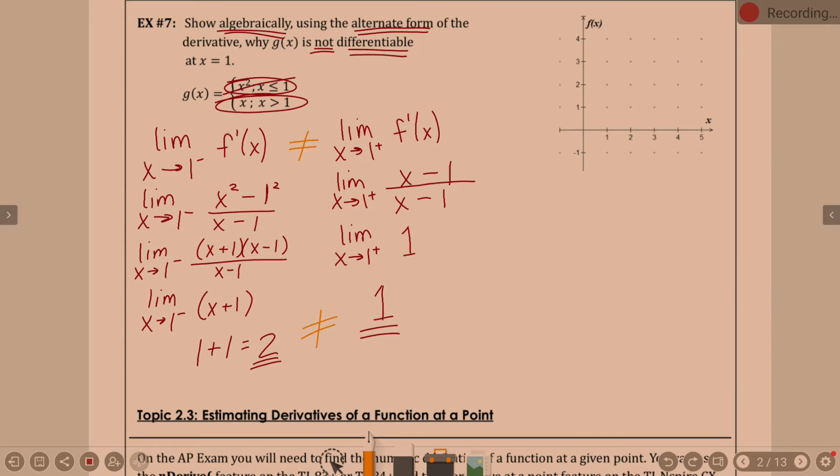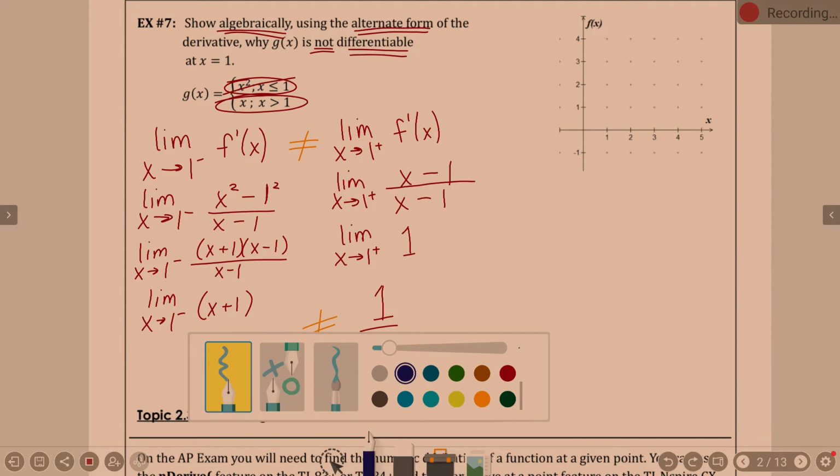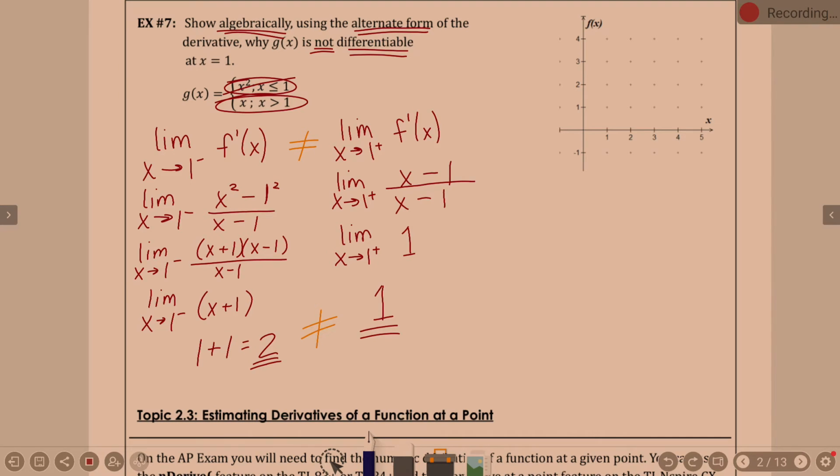Okay, so when we graph this, you guys know how to graph this piecewise? To the left of 1, my function is x squared. So what do you know about x squared? It's a parabola centered at 0, 0, and where are the first sets of dots? Right one up one and left one up one, yes?